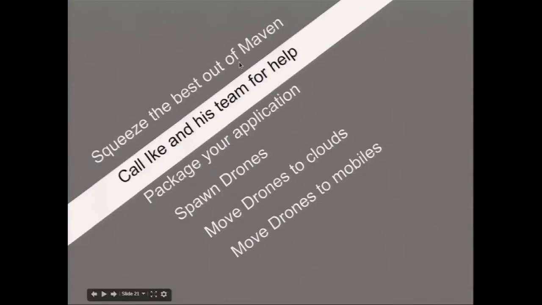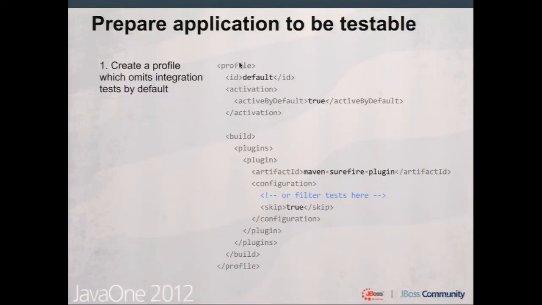So what's actually the next step in order to get your application enriched with Arquillian based tests? This is to use the very same concept in order to include the Arquillian dependencies. Surprisingly, the very first step I'll be doing in preparing my application to be testable is I will create a specific Maven profile which doesn't test anything at all.